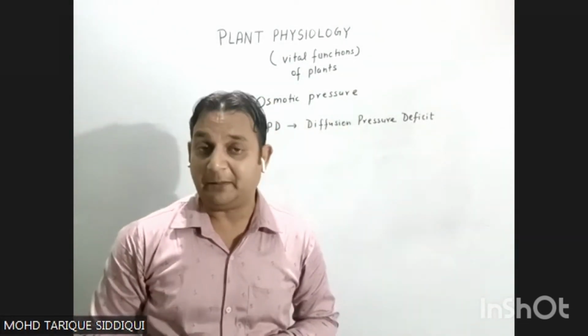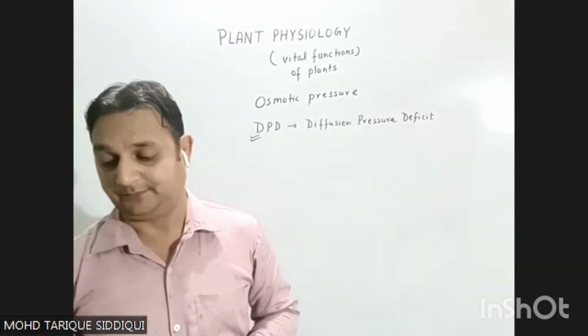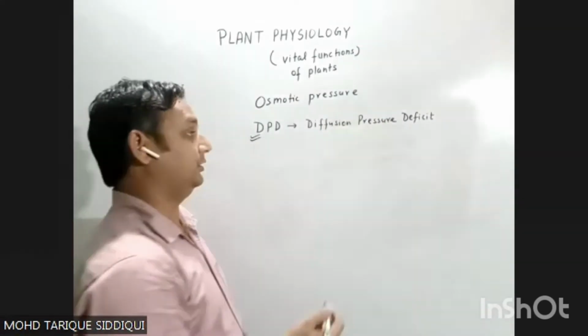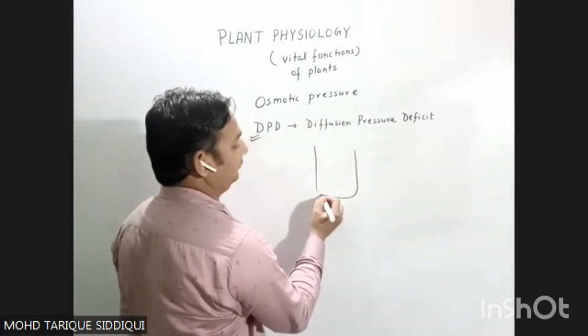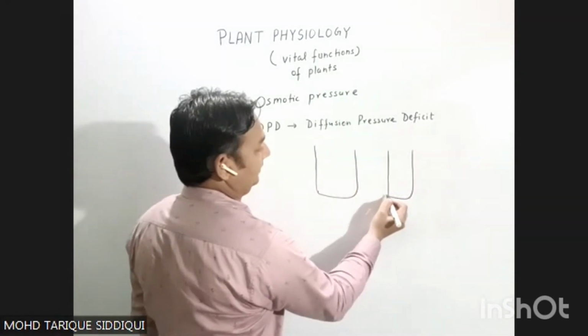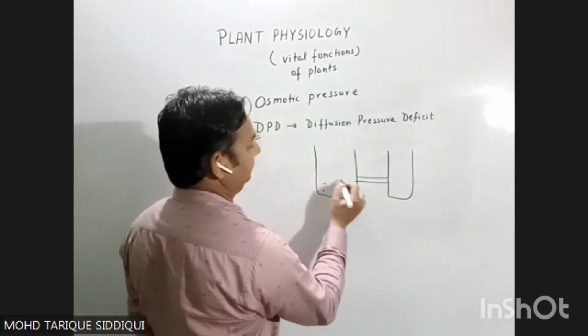Now, what is osmotic pressure? Osmotic pressure is the pressure developed in that solution. When the osmosis is going on, when we have the two solutions and through the semi-permeable membrane, osmosis is going on.